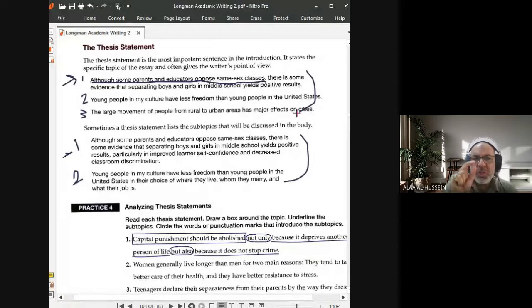The writer wants to show us that in the rest of the essay, there will be an argument about these two ideas. Why I believe that separating them will yield positive results, whereas some other people believe that it is not so. It is the opposition. Yani they believe that separating them will not yield good academic results.